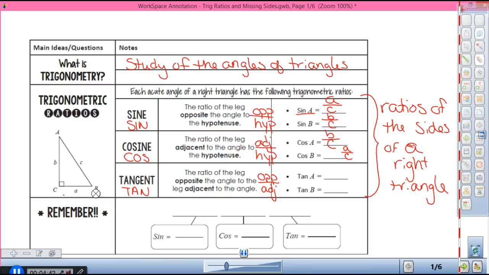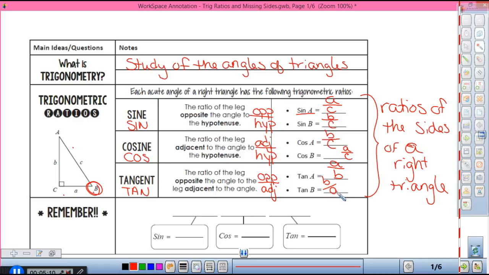Okay, so tangent of A, we're looking at A, opposite is A, over adjacent is B. Okay, and if we're looking at B, opposite is B, over adjacent is A.